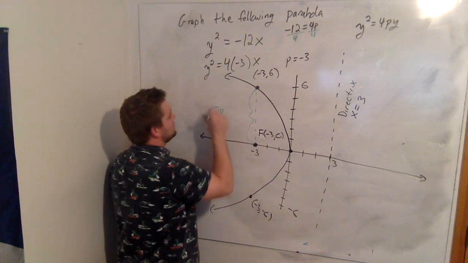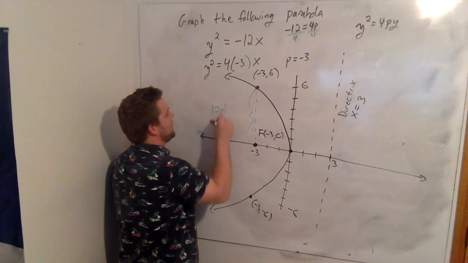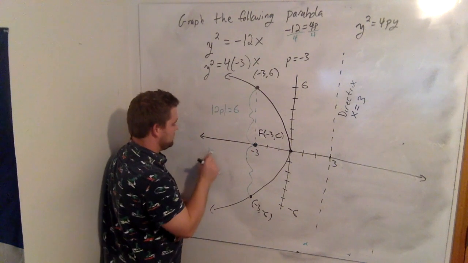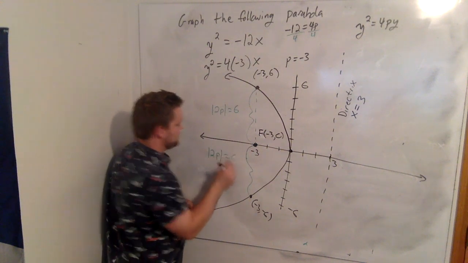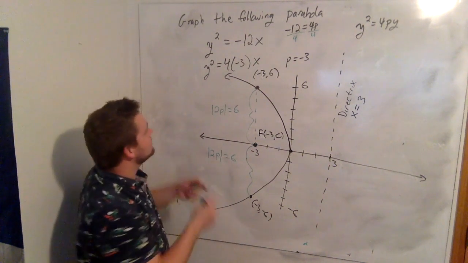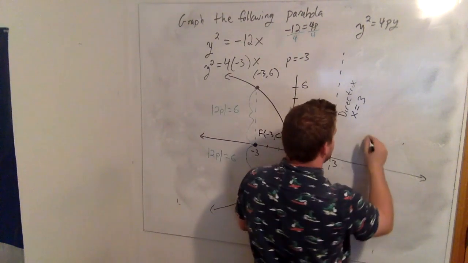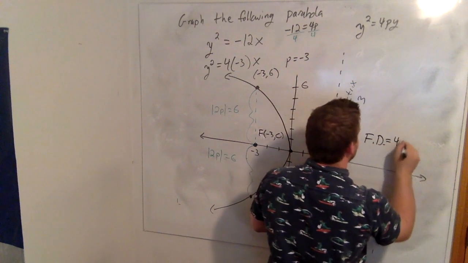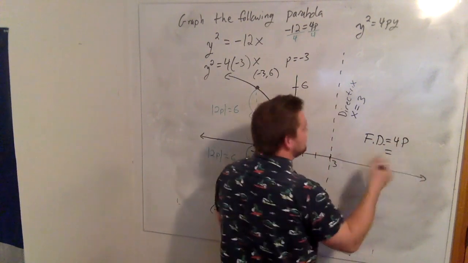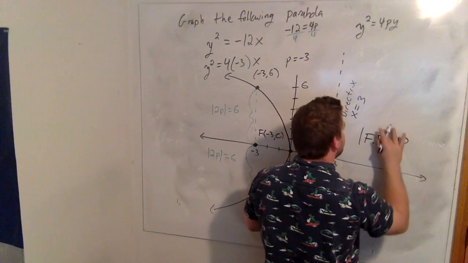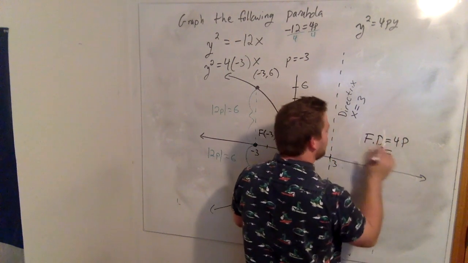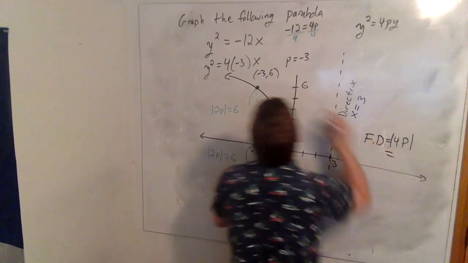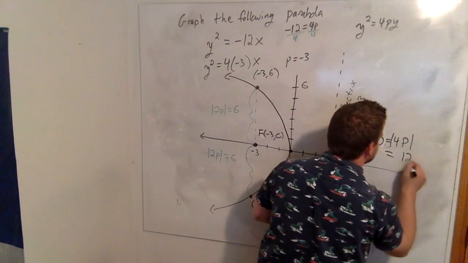I should say, if we're thinking about distance, the absolute value of this, which will be 6. I hope you see here that the focal diameter, which is 4p, I should say the absolute value of this in case p is negative, since focal diameter is a physical length. That should be 12.